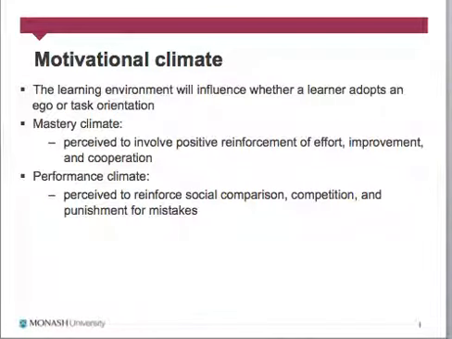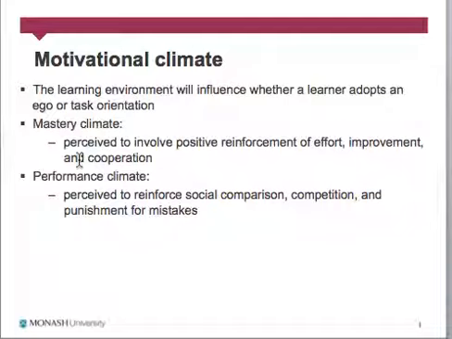And then the learning environment will influence whether or not a learner adopts this ego or task orientation. So you have a say. If you create this mastery climate where it's focused on positive reinforcement, on effort, improvement, cooperation, and also a kind of no put-downs environment, and you don't put up comparisons like "you're better than him, she's better than you, he performed better than this person," or public trophies, acknowledgement, rewards, and lists on walls that compare kids, because that's what gets valued.